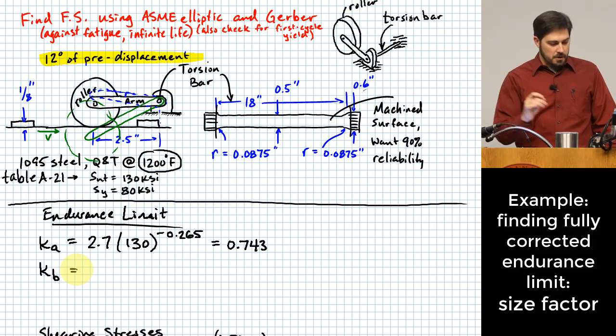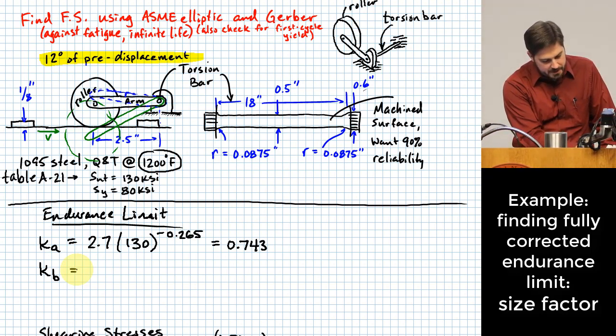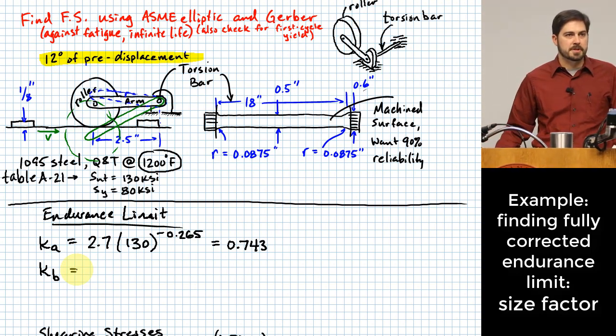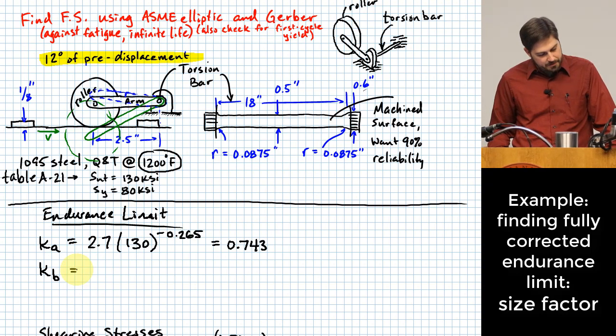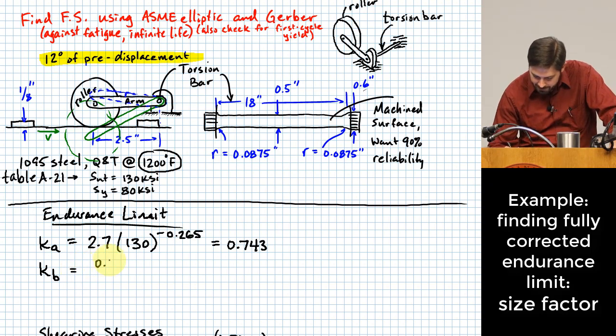All right? Our D is between 0.11 and 2 inches, so we're going to use the top line of equation 6.20. And K sub B ends up being our diameter, 0.5 inches, divided by 0.3.